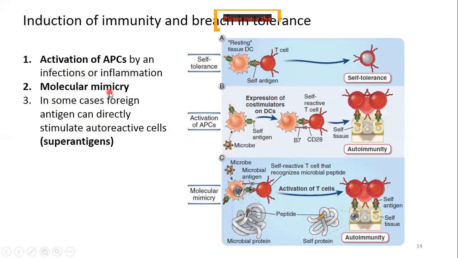Molecular mimicry, for example, whenever there are some antigens in our body which are mimicked by microbial antigens, this may lead to cross-reaction and again autoimmunity. In some cases, some kinds of antigens don't undergo the conventional process we have learned of antigen processing and presentation.